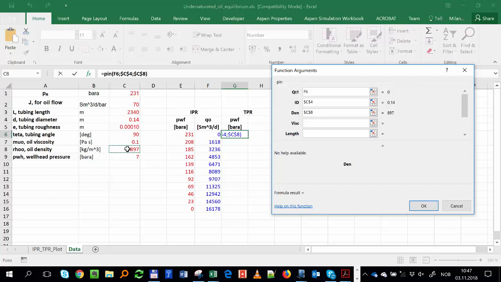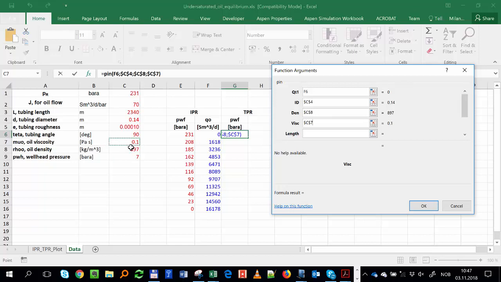The viscosity, that is this number, viscosity of the fluid, and doesn't change much with pressure. Is that value high or low? 0.1 pascals per second. How many centipoise is that? It's 100 centipoise, right?